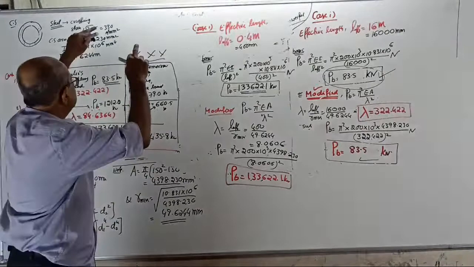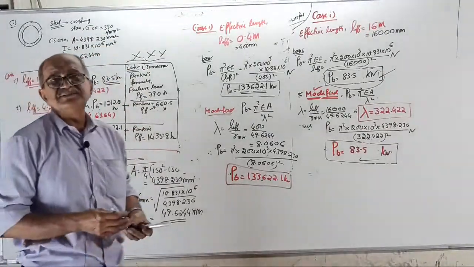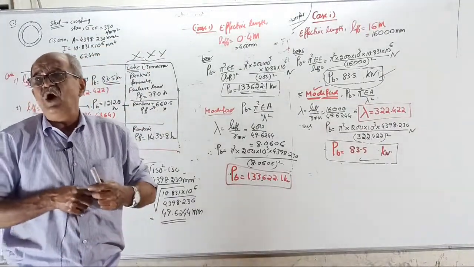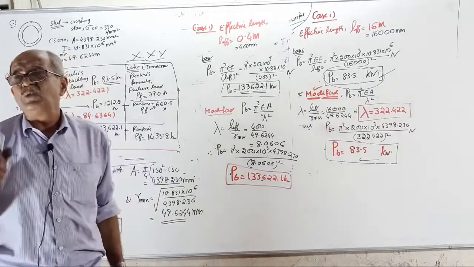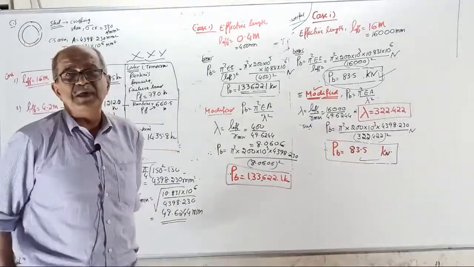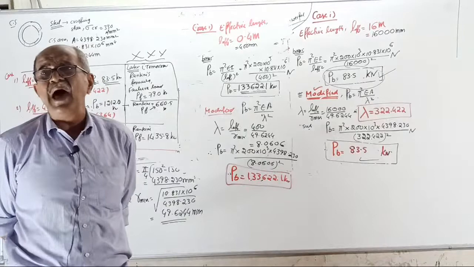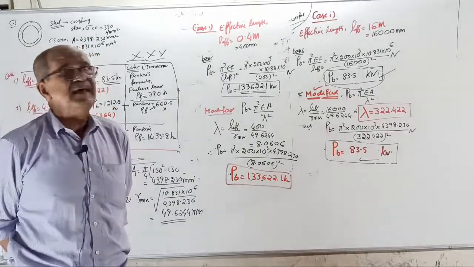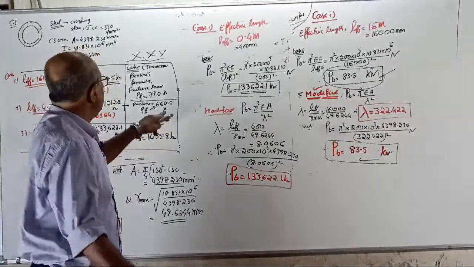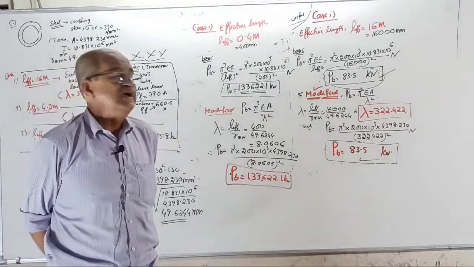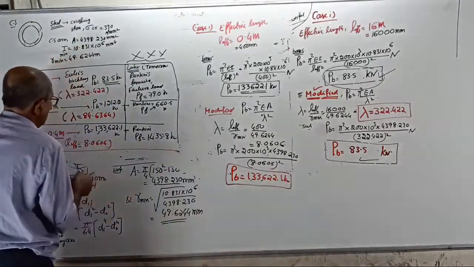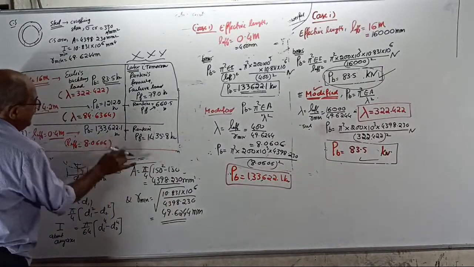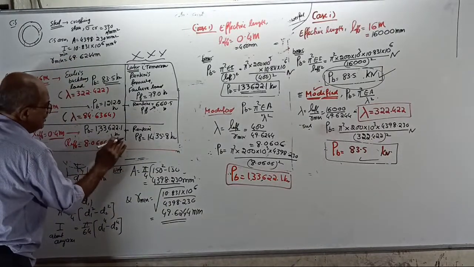On this basis, tomorrow I will discuss the applicability of Euler's formula and under what condition Euler's formula is applicable, what is the drawback of Euler's formula and how you can correct it, or what is the remedy for nonsense answer. See, this is utter nonsense. I will write here, this is utter nonsense.